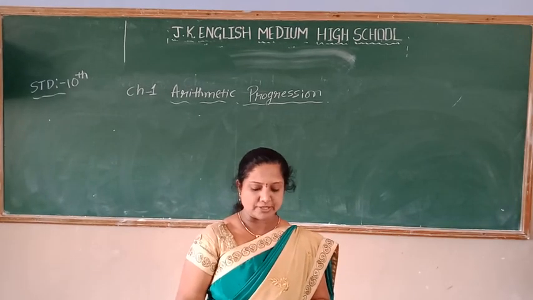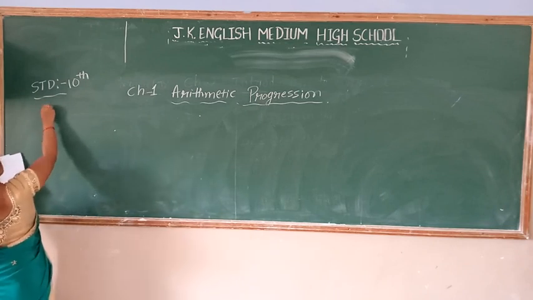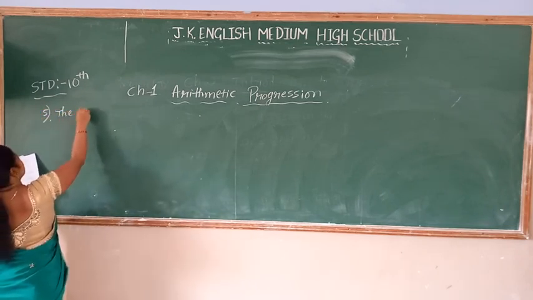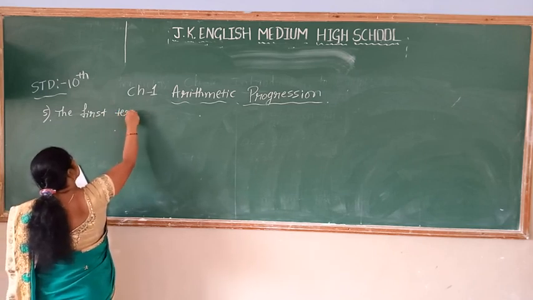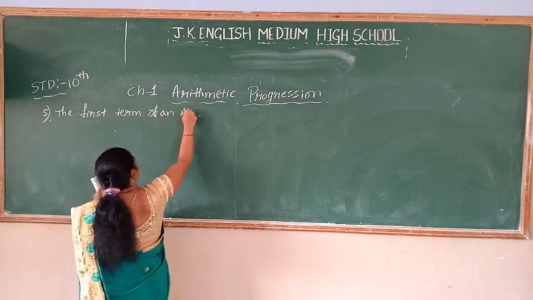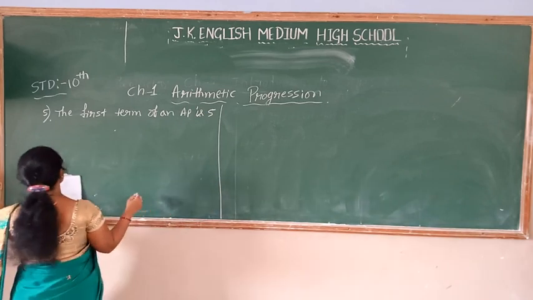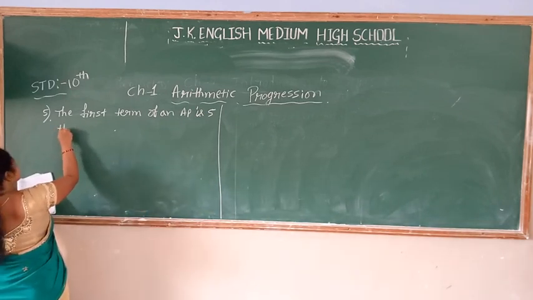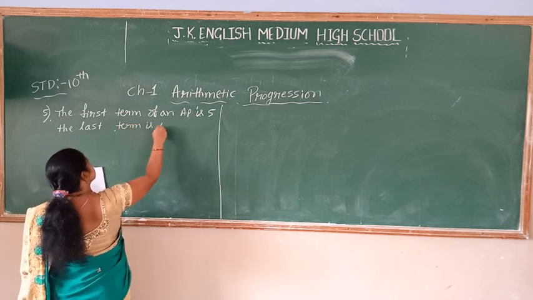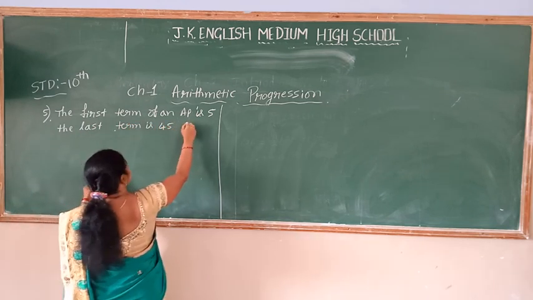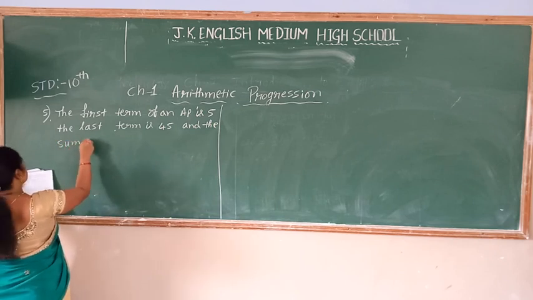Next, I am going to write the fifth question. Fifth main question in this exercise: the first term of an AP is 5, the last term is 45, and the sum is 400.